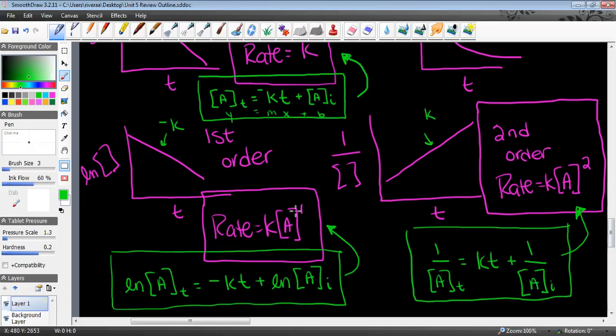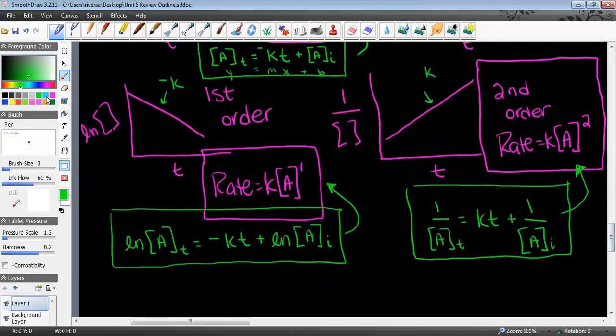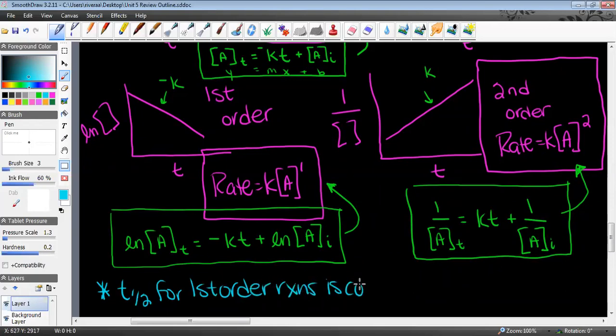And there are half-life equations for all different orders of reaction. But for some reason, the AP test's favorite little factoid is that the half-life of first order reactions is constant. So the t1/2 for first order reactions is constant. That's just a feature of first order reactions.